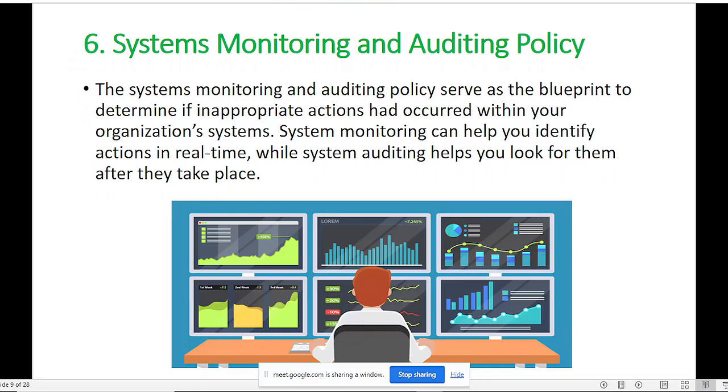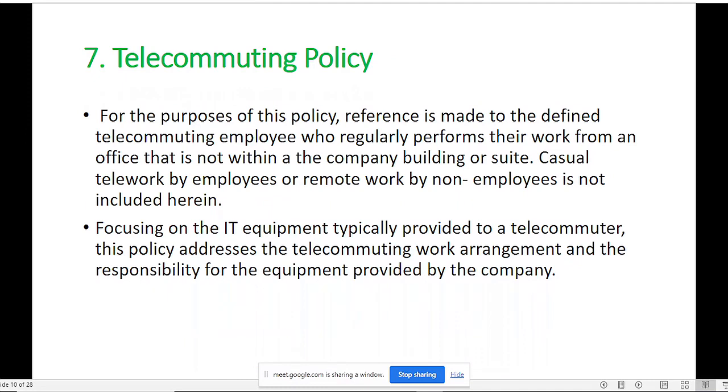So you can have some kind of alerts. In case of auditing, we can always say this is what happened and this is how it was resolved. And you can identify what actions happened at a particular time. And when you are reviewing the system, we can use this particular policy to eliminate those kinds of issues.